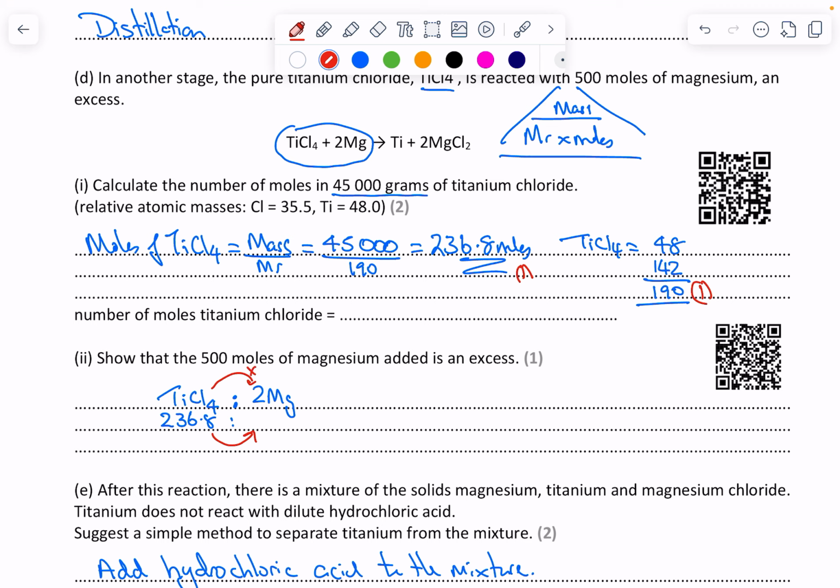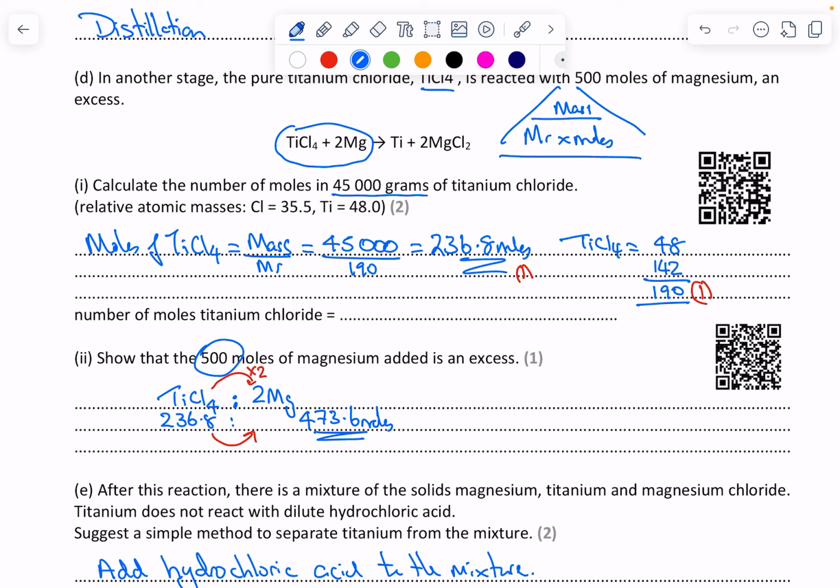So to do that, what I'm doing here is doubling the moles of titanium. So if I times the 236.8, then I'm getting an answer here of 473.6 moles, and that is less than the 500 moles we've added. So in that case, because we've added 500, we only need 473.